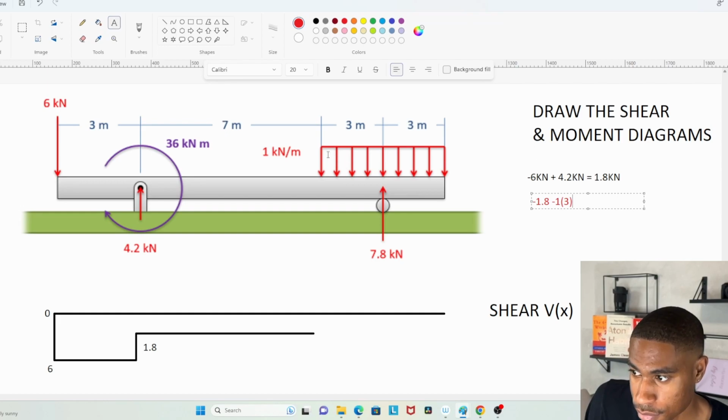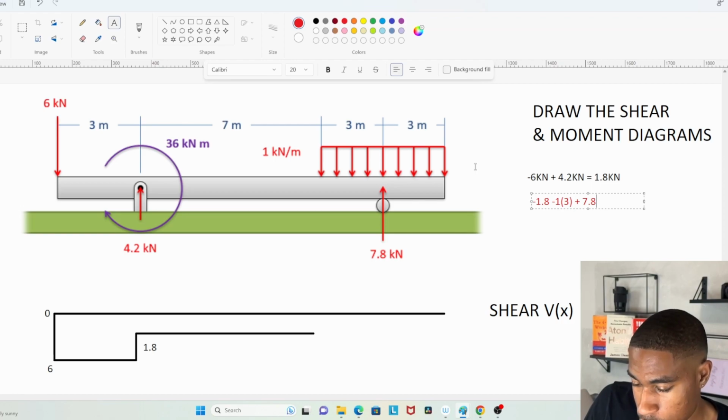So yeah, we got 1 times 3, right? From the distance of the distributed load to the roller. Then we'll break this up. Then we have a 7.8 kilonewtons coming up, right?